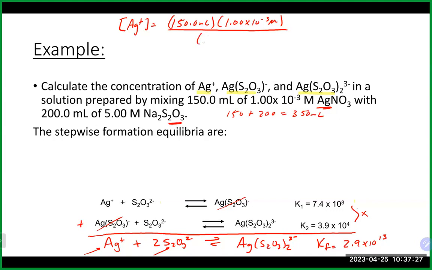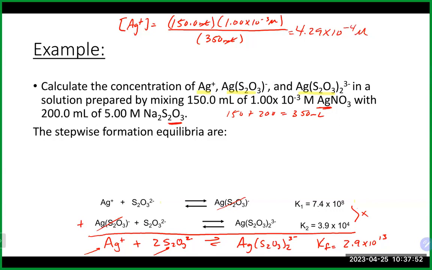And that is what we want to divide by here so we can have that total volume. Milliliters will cancel, so we'll take 150 times 10 to the minus 3 divided by 350, going to get us, we'll call it 4.29 times 10 to the minus 4 molar.